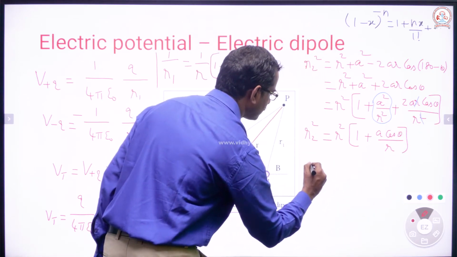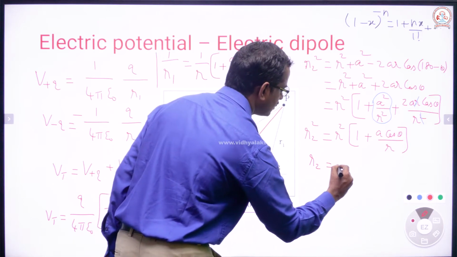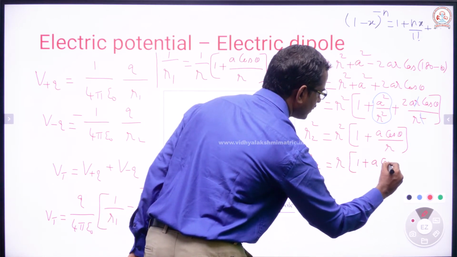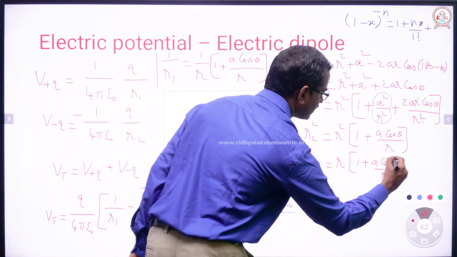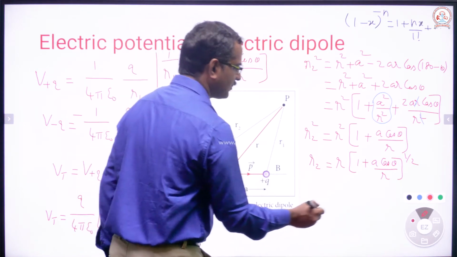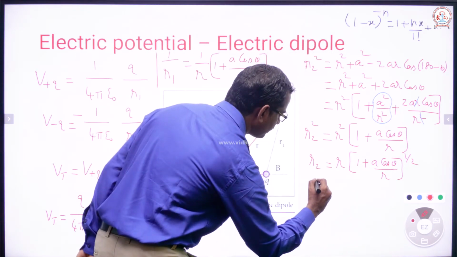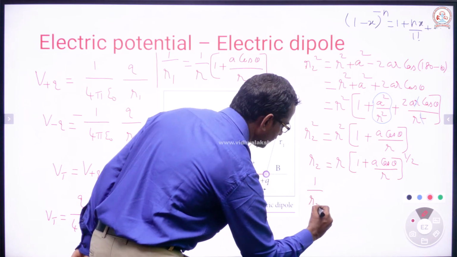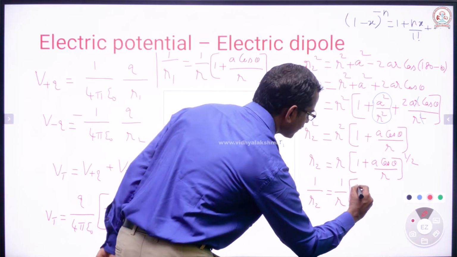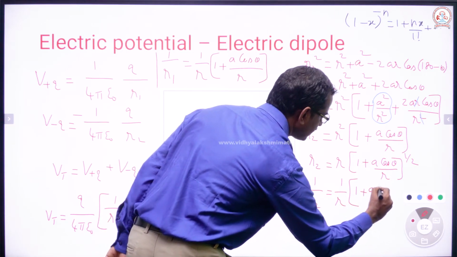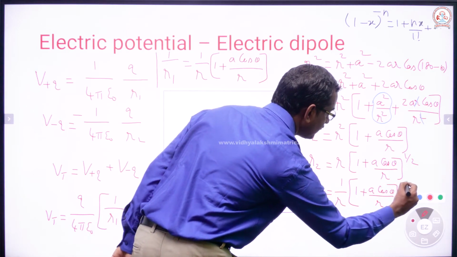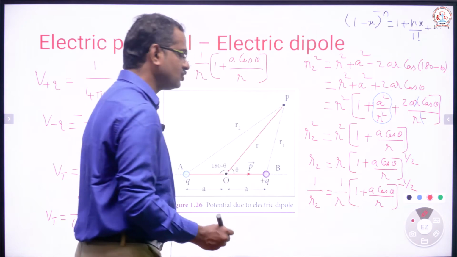Taking the square root, we get r2 is equal to r into 1 plus 2a cos theta divided by r, power of half. Now bring this to the denominator, reciprocal. Then 1 by r2 is equal to 1 divided by r into 1 plus 2a cos theta divided by r, power of minus half, because we are bringing this to the denominator.